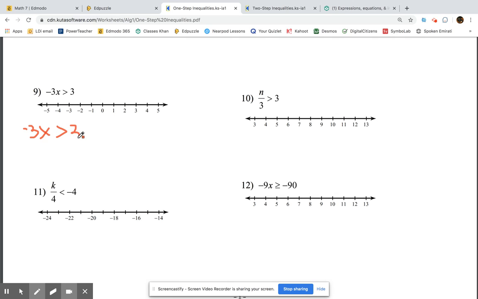How do we get rid of the negative 3 and just get x? Well, the opposite of multiplying, because that coefficient is multiplying, is dividing. So we're going to go ahead and divide that bad boy. We're going to divide by negative 3 on both sides, just like we would an equation.